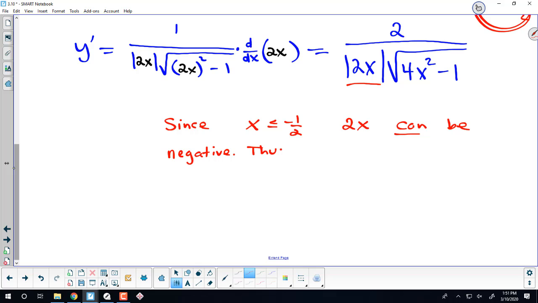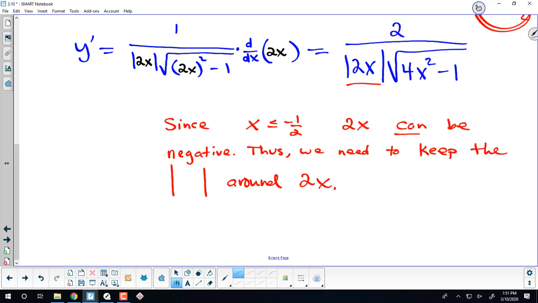Thus, we need to keep the absolute value around 2x. So that's what we're going to say is our simplified derivative right there.